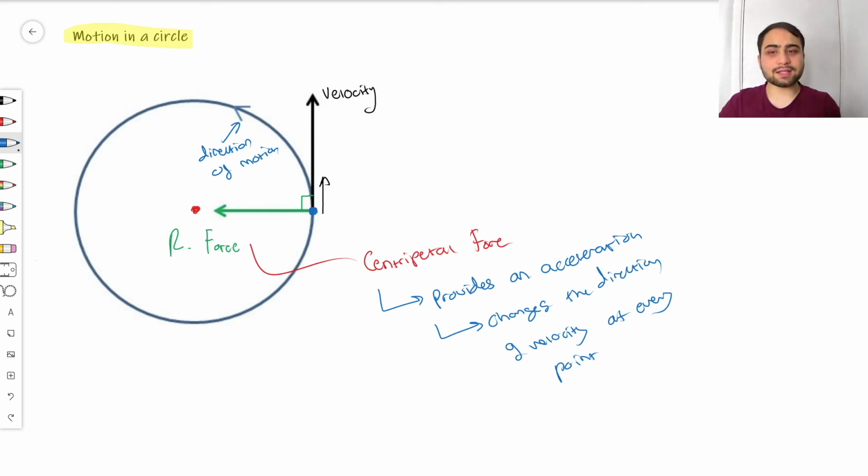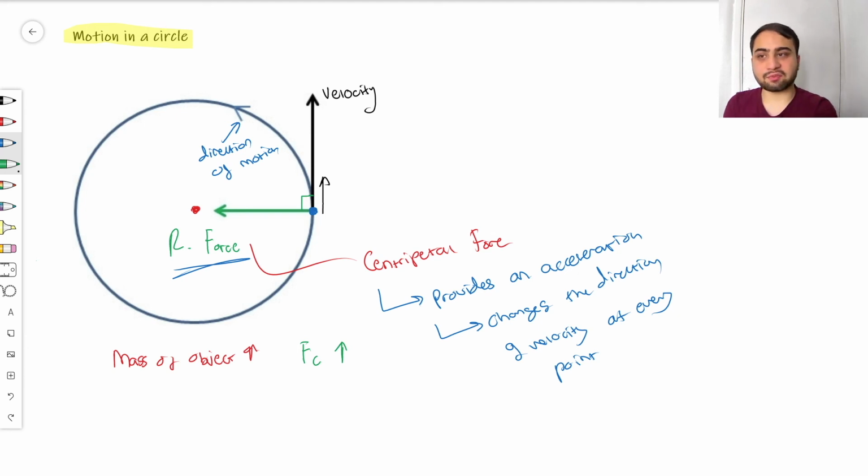Now, what are some factors that can affect this centripetal, center seeking force? Well, we have a few. Our first one is mass of an object. If the mass of the object increases, my FC, force centripetal, also increases.